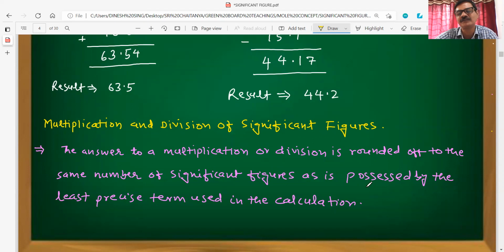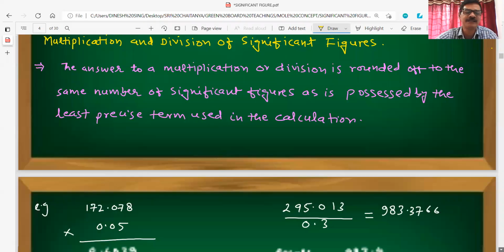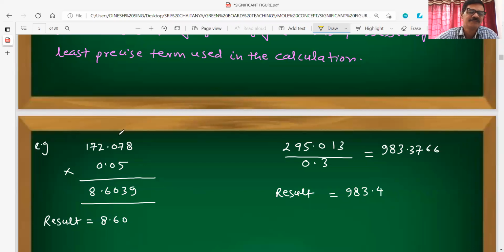This is also the same thing. Whichever numbers we are using for multiplication or division, whatever number of digits are there after the decimal point, the least value is what we follow to express our answer.